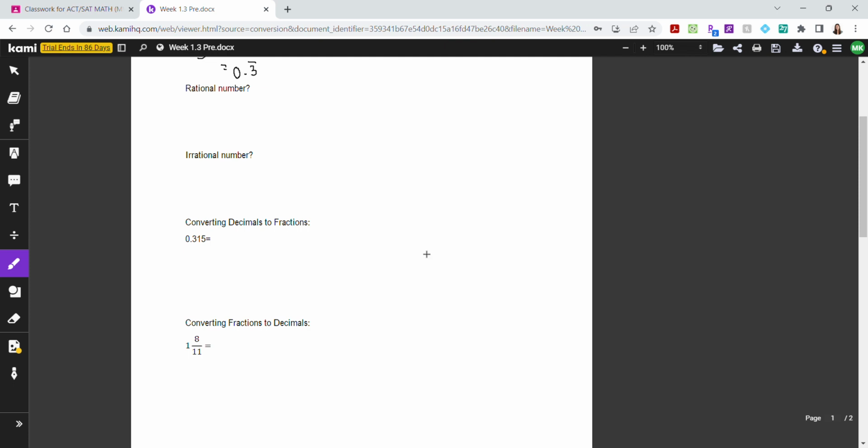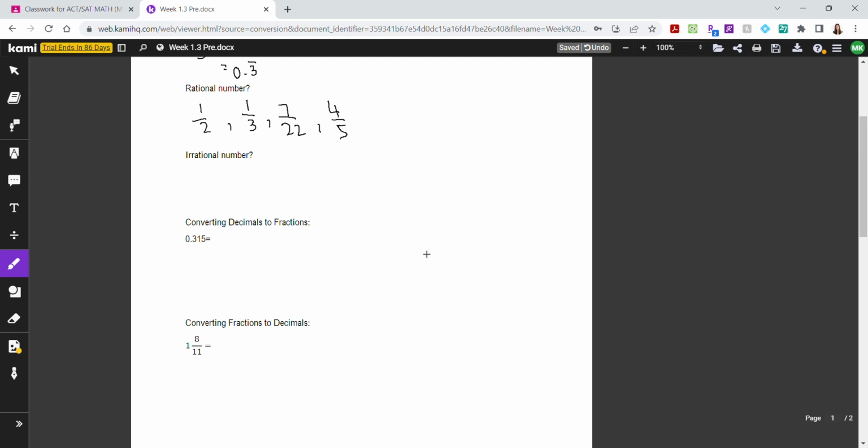So a rational number is any number or fraction that can be expressed as a terminating or repeating decimal, right? It's like the ones that I showed you earlier. So it can be 1/2, it could be 1/3, it could be 7 over 22, it could be 4 over 5, and so on.